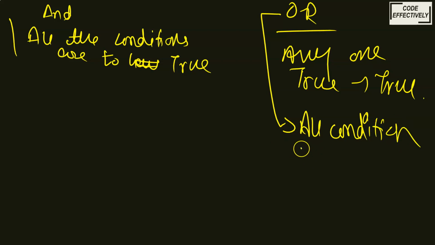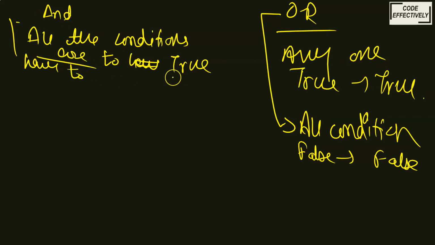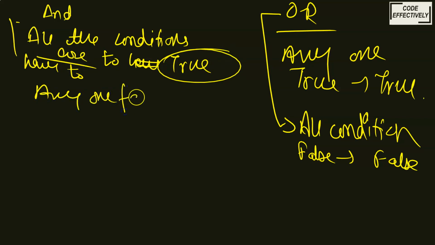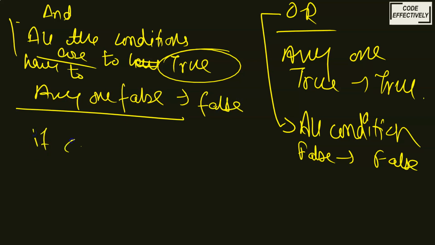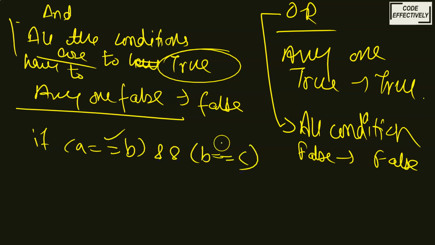When all conditions are false, we will have false; if any one of the conditions is true, it will return true. But in AND it is compulsory that all the conditions have to be true. If any one is false, the entire condition becomes false. So if A equals B and B equals C, here A equals B has to be true and B equals C has to be true.